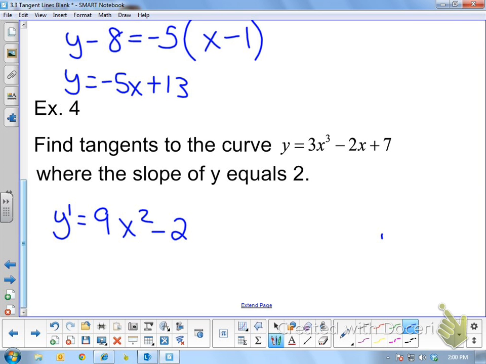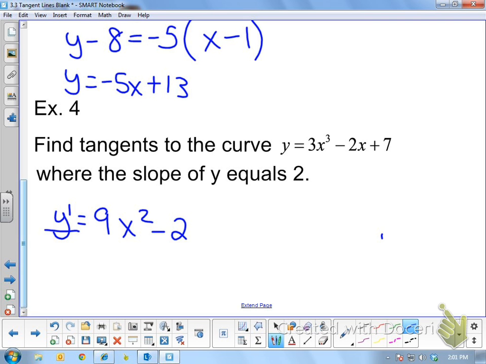I didn't tell you what x was. I just told you the slope equals 2. What do we know the derivative is? Slope. Plug 2 in for y prime. Okay.